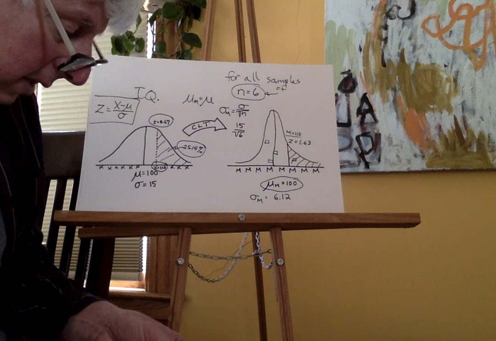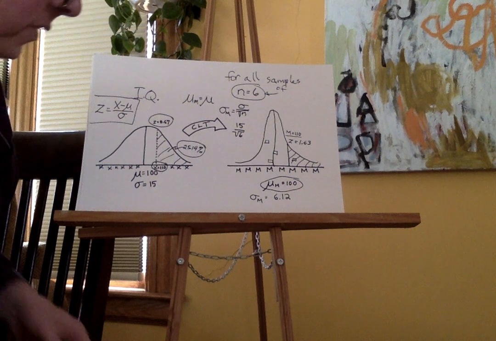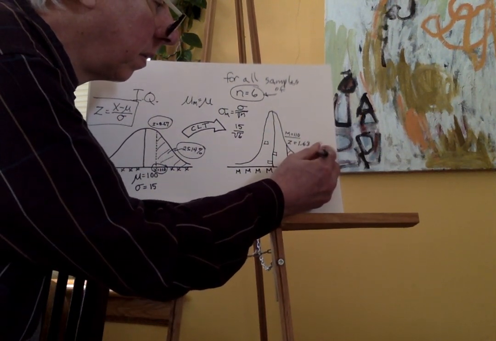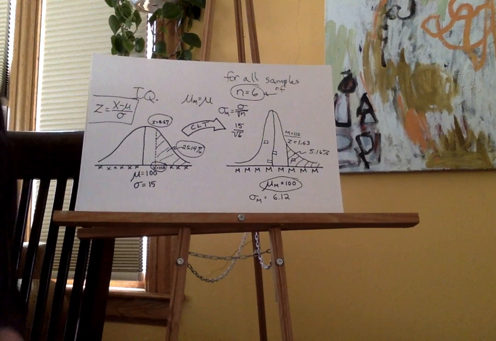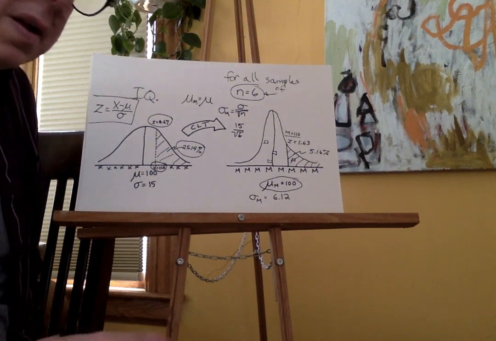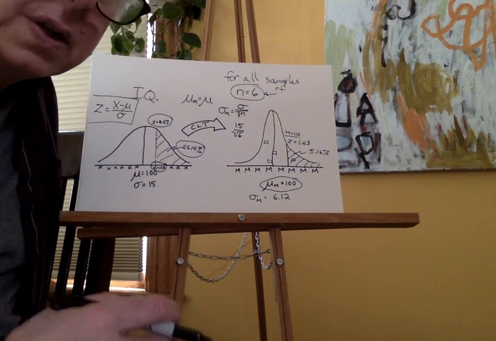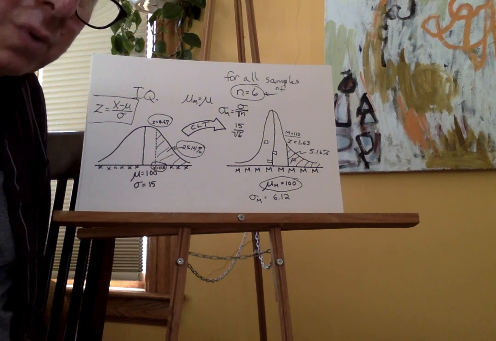So I'm looking at a z-score of 1.63, and so if I look in the tail, now there's only a 5.16% chance of getting a sample of 6 people with an average IQ of 110.